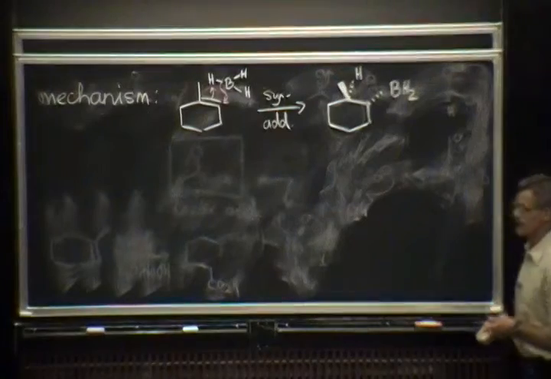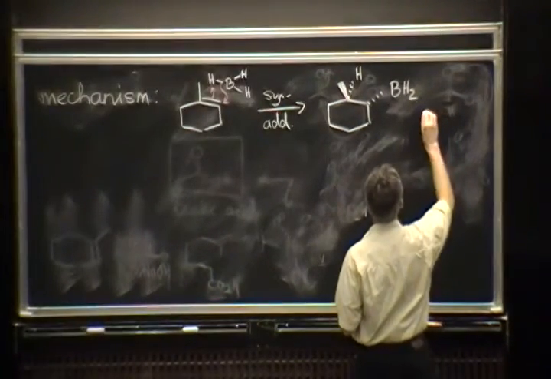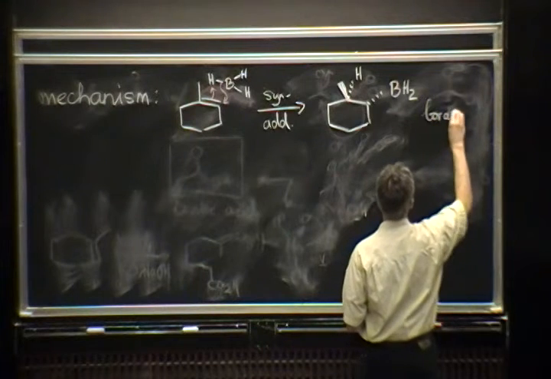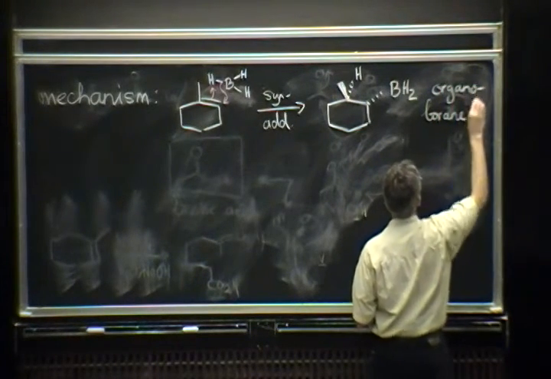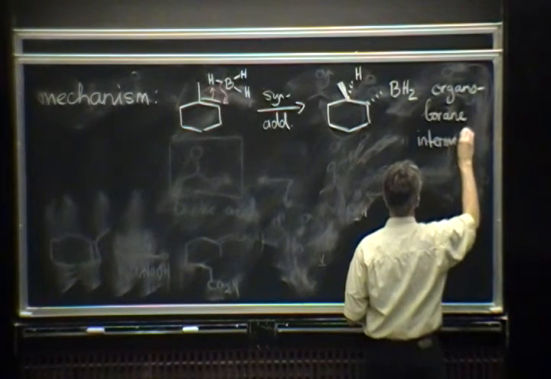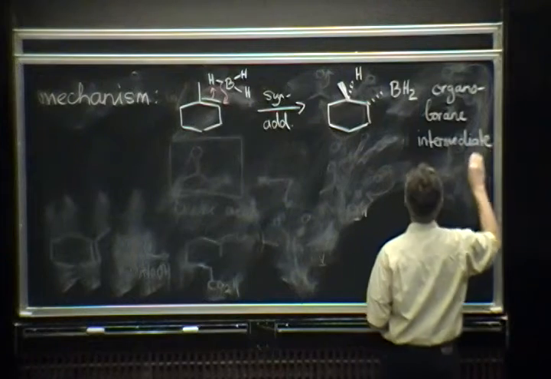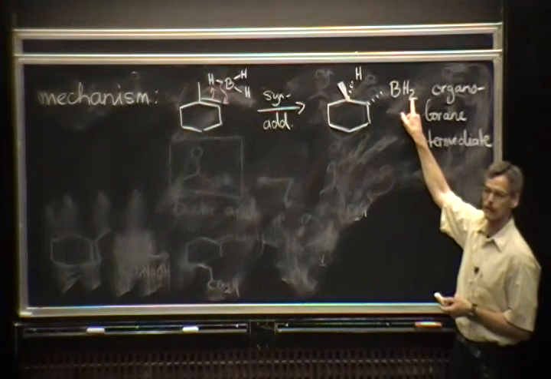And that gives us the borane intermediate. And this is an organoborane intermediate. Okay. And this can react on, but for right now we'll only consider the reaction of one of the borane hydrogen bonds.